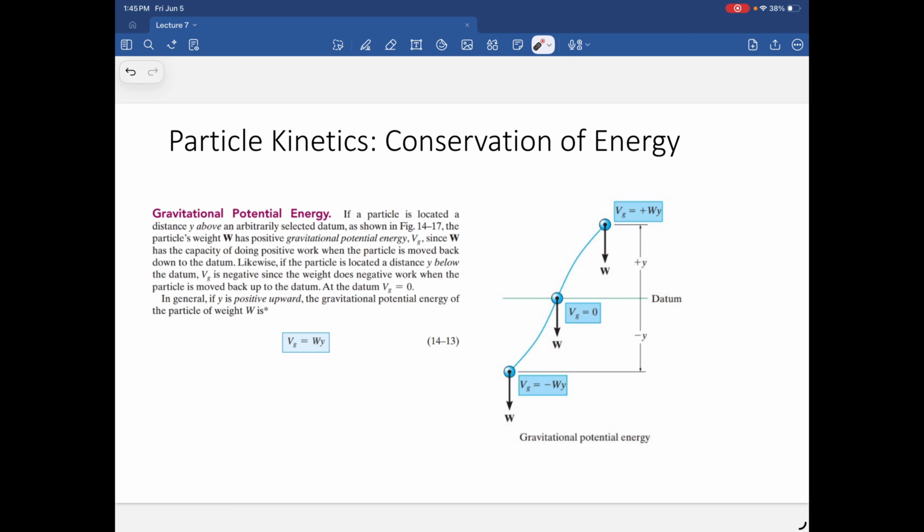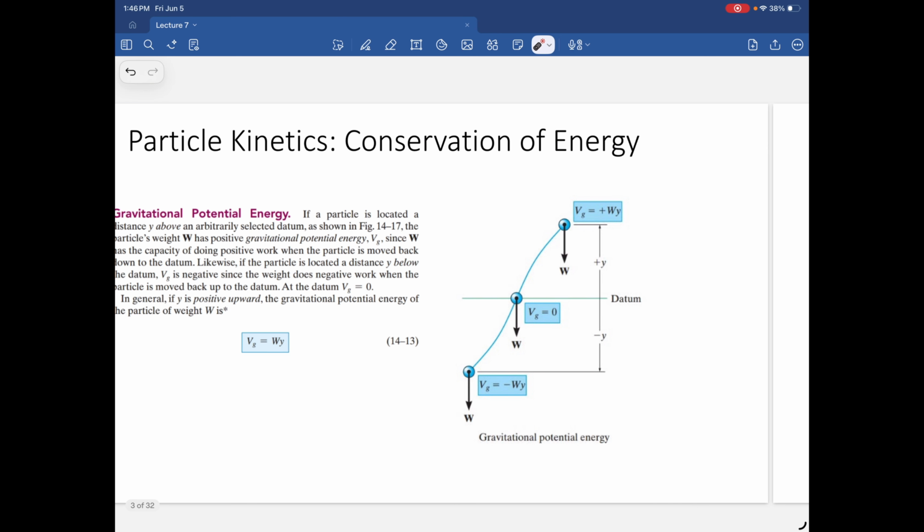As you'll see, in most of the problems that we'll work with today, we will locate the condition where the particle or particles of the system would be at their lowest point, and we'll typically put the datum there. So it's very rare that in a particular problem we're dealing with negative gravitational potential energy. And the potential energy is just the weight times its height above, or with respect to, the datum, where W can be either a positive or a negative value.